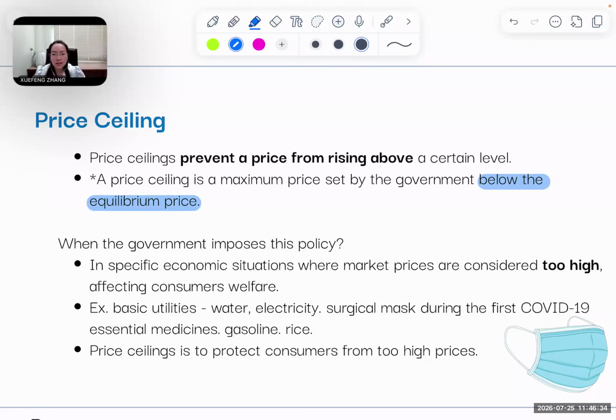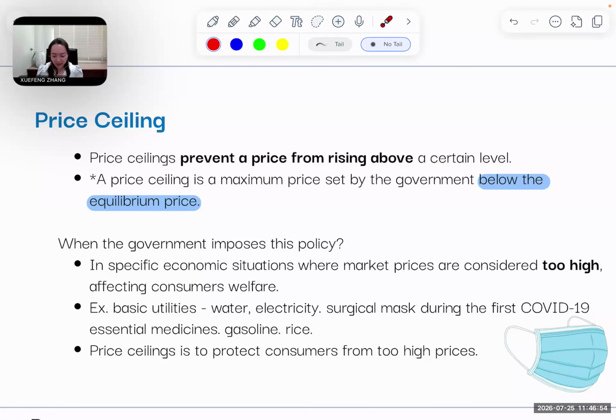If the government caps the price above where the market would already land, nobody notices, right? The market was already there. So price ceilings prevent a price from rising above a certain level.